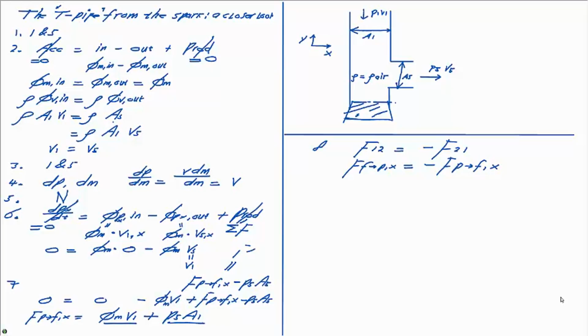Now we put in the terms for this Fp on F in x, which is phi m v1 plus P5 A1. We rewrite phi m again, as we did before.